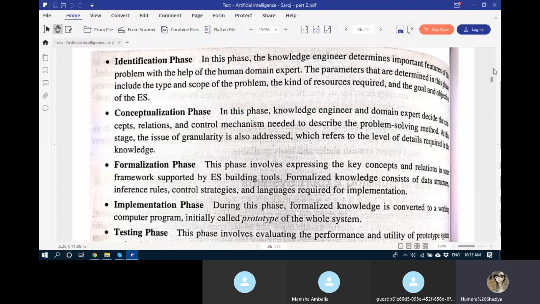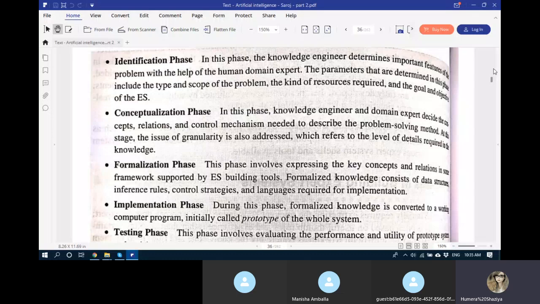And finally, the testing phase, you evaluate the performance of the prototype system. This prototype system has to be tested because it is an expert system.